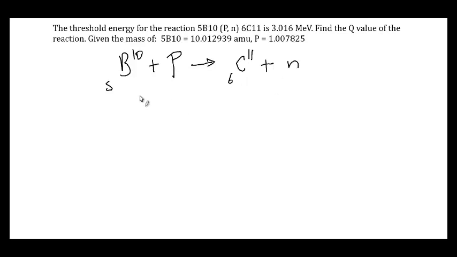So this is the nuclear reaction that has been given. What have we been given? We have been given the threshold energy, so I can write it as E_TH.